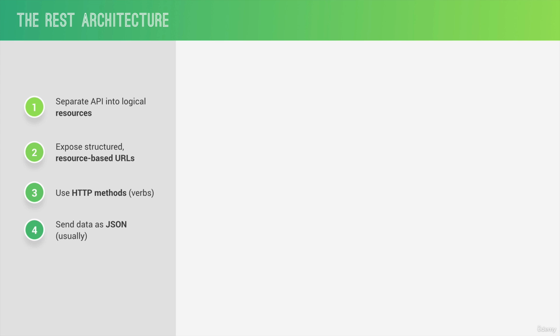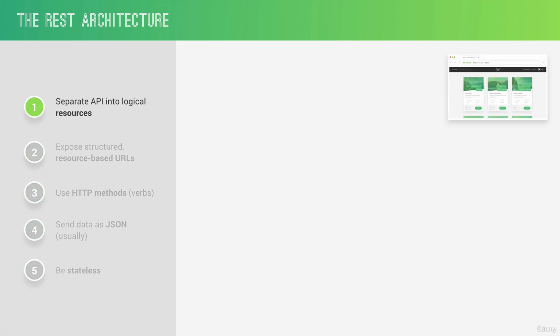Finally, another important principle of REST APIs is that they must be stateless. So this is a very broad overview. Let's now start talking about these principles one by one, starting with resources, and using the Natours API that we're going to build in this course as an example here.